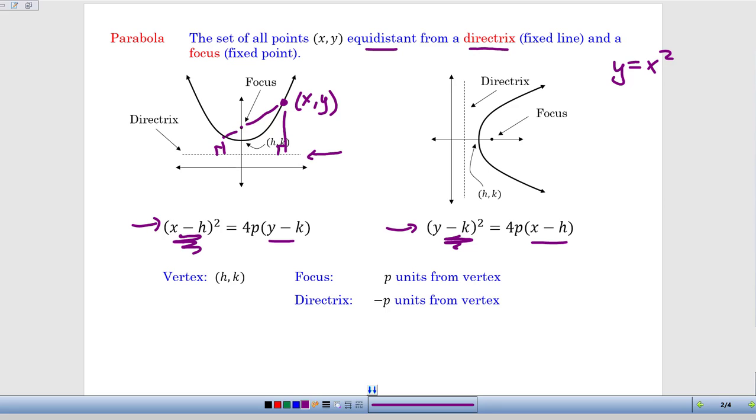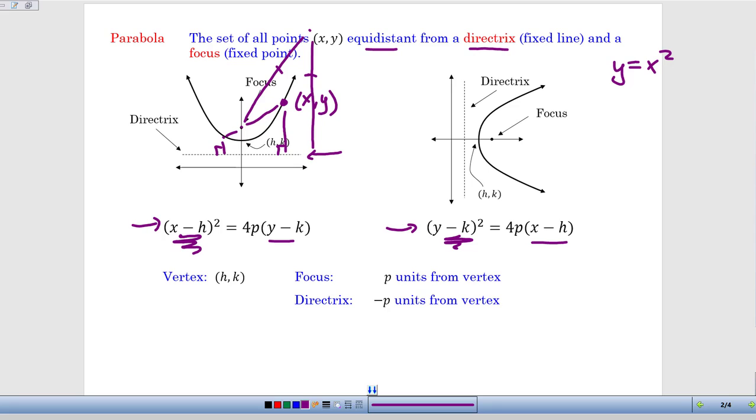Depending on where the point is along the curve of the parabola, those two distances will be different, but they'll be equal to each other. The farther out we go in the parabola, so if we go way out here, both these distances are going to be really large, but again, those two distances would be the same.